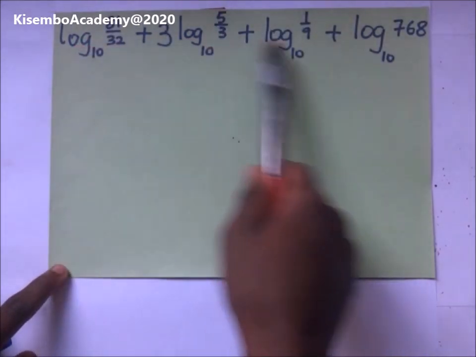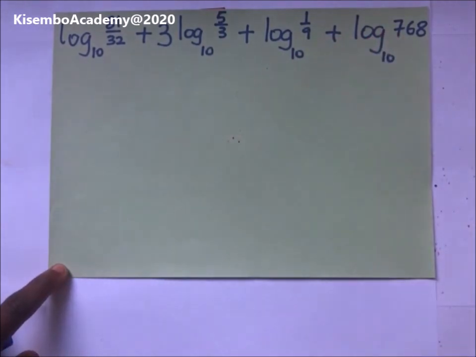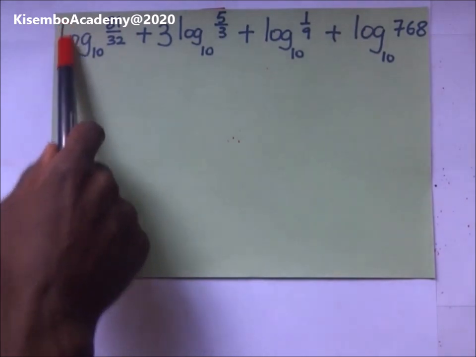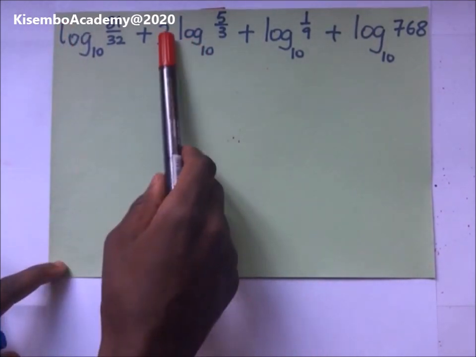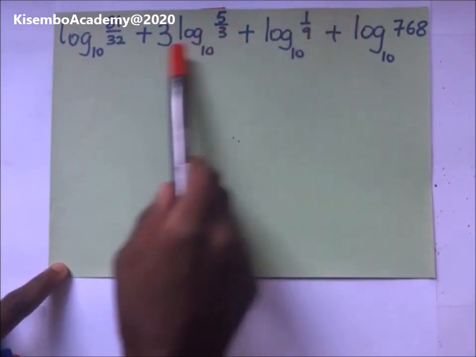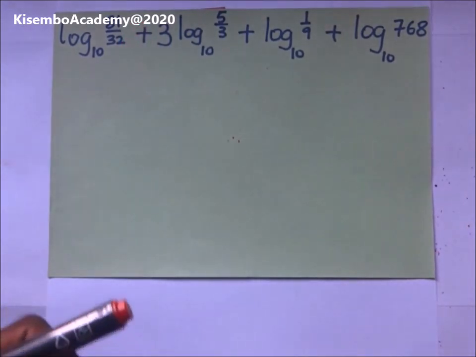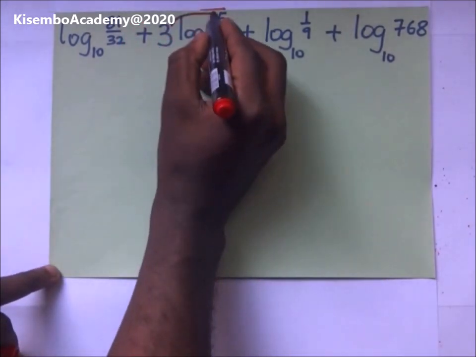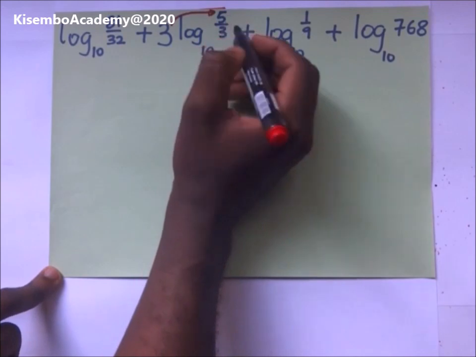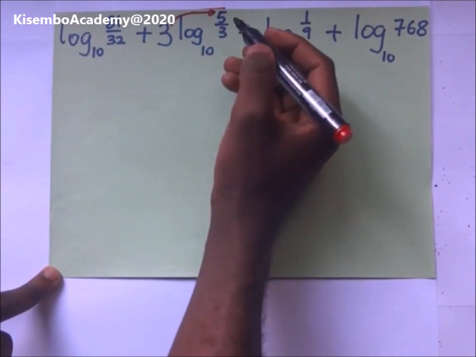We have another one here. All these ones have log of base 10, and their coefficients are not all the same. The coefficient of this is 1, the coefficient of this is 3, the coefficient of this is 1, 1. So this 3, we are supposed to shift it and put it on top of that using the other property.